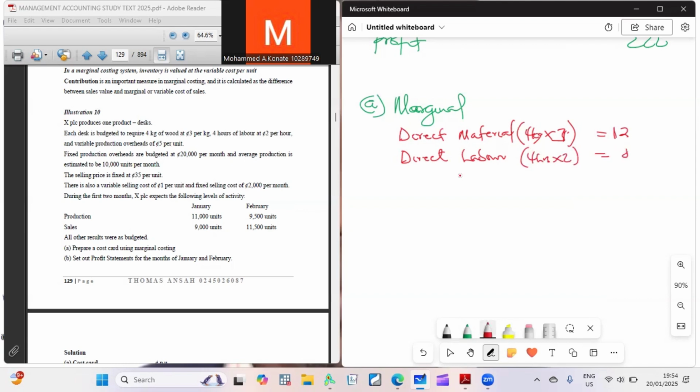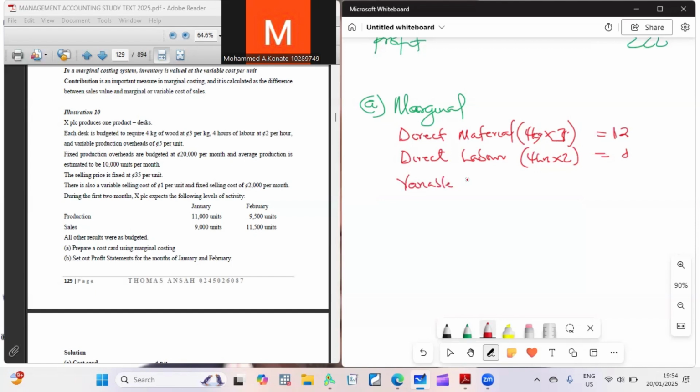So that is that. Now, the issue is about marginal, and marginal is also called variable. So we are only interested in the variable ones. Only interested in the variable ones. So that is all we know. Bear in mind, we have variable overhead according to the question.